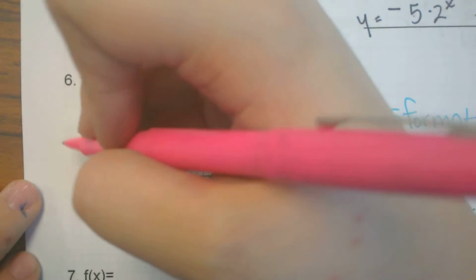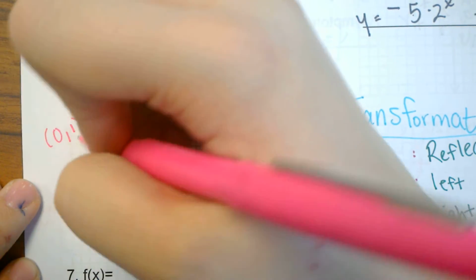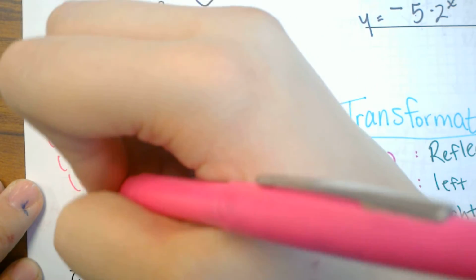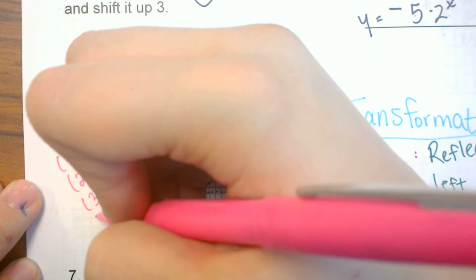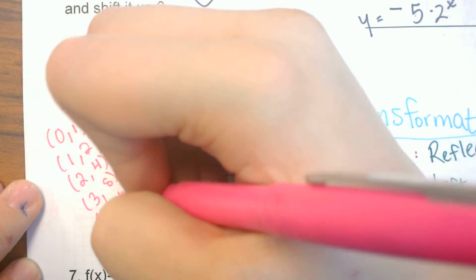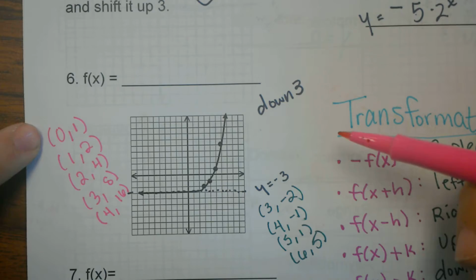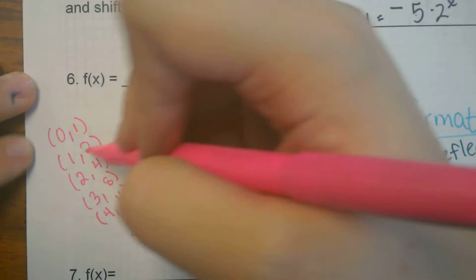So we know the parent function has points at 0, 1, 1, 2, 2, 4, 3, 8, and 4, 16. So I'm going to look at my first 2 points.